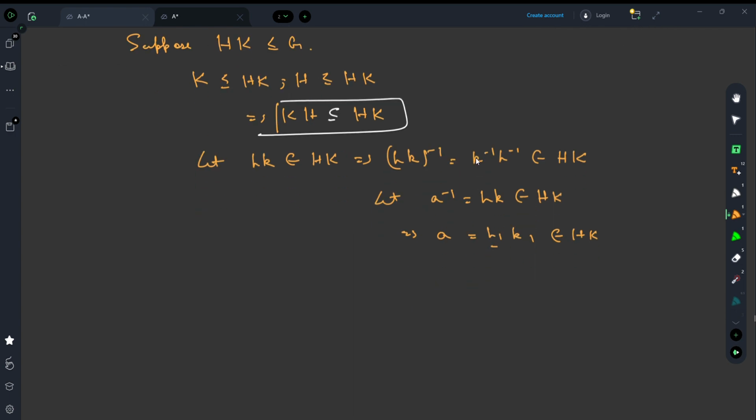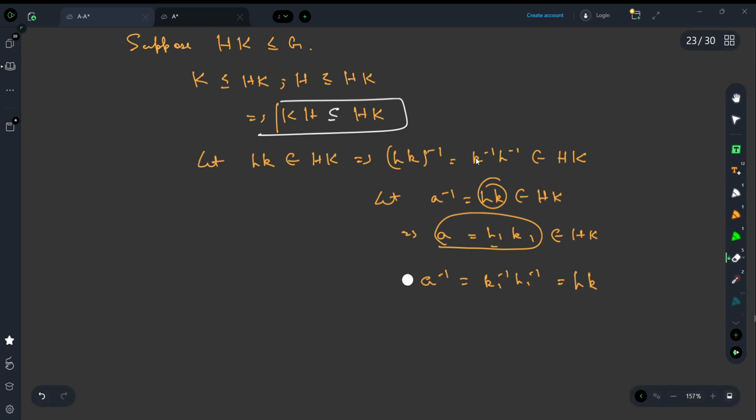But observe, if A is of this form, because A is in HK, then A inverse is precisely of the form K1 inverse H1 inverse. I shouldn't write it like this; this will make it clearer. See, A inverse is in HK, which is equal to K1 inverse H1 inverse.